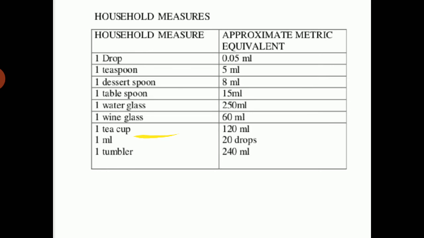And capacity measures, like 1000 ml is equivalent to 1 quart, and 500 ml is equivalent to 1 pint, and 30 ml is equivalent to 1 fluid ounce, and 4 ml is equivalent to 1 fluid drachm, and 1 ml is equivalent to 15 minims.